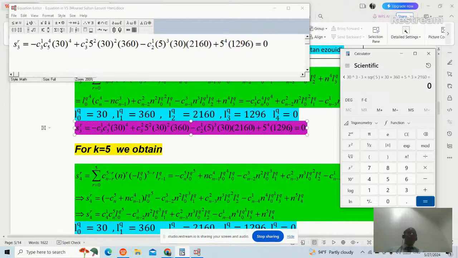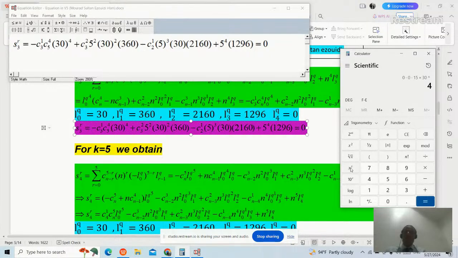If you extend this power, you will get all 0 except 1. We'll see this one. Therefore, we continue. Mr. Murad will tell that negative 3 times 5 means negative 15. Negative 15 times 30 raised to the power 4.